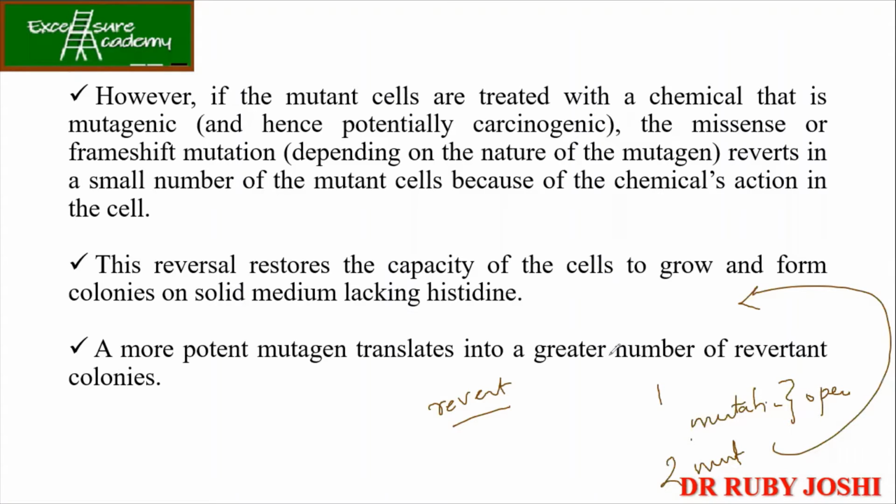Yes, ma'am. That's why it is called revert, क्योंकि पहले mutation से मैंने उसको mutant बनाया of biosynthesis of histidine operon. Second mutation यानी कि second mutagen I have added, and that was able to go back to its first original state. Okay, so this is how you understand whether it is able to cause mutation or not.